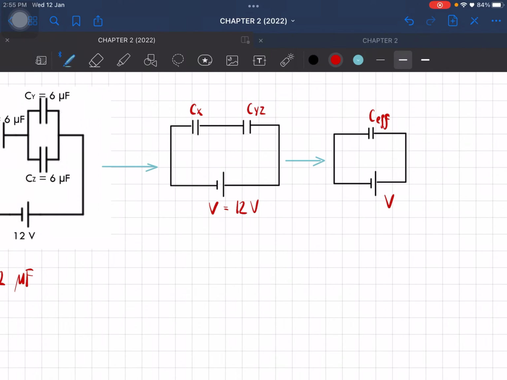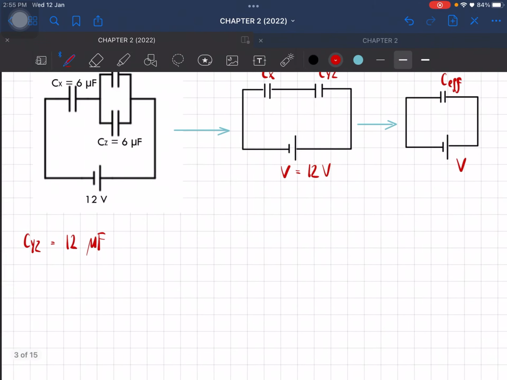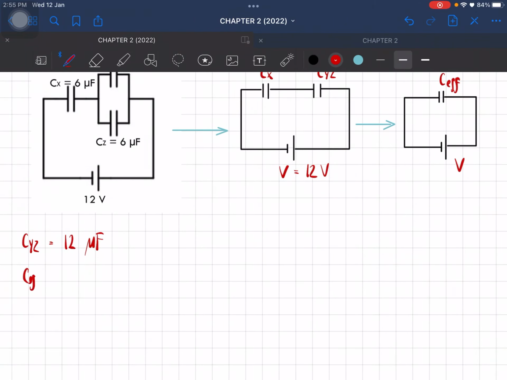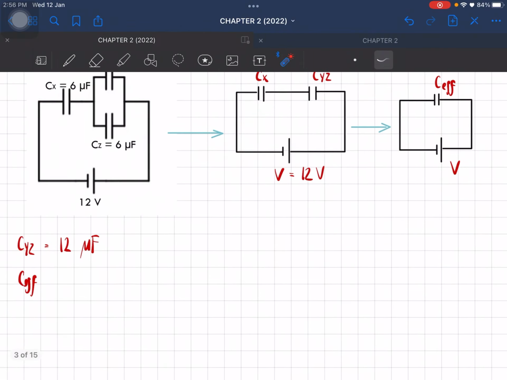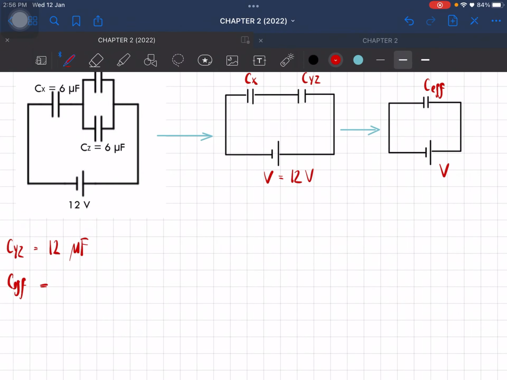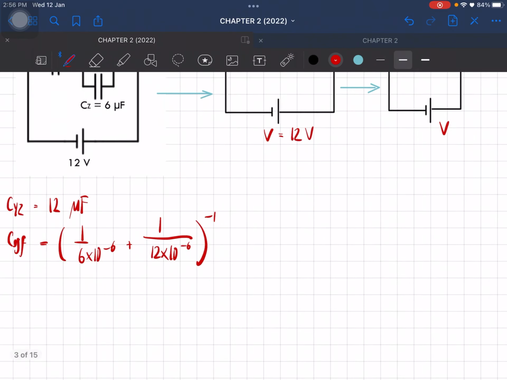Okay, so the effective capacitance is gonna be, this is in series, so we are just gonna use the series circuit formula. So 1 over 6 plus 1 over 12, to the power of negative 1.